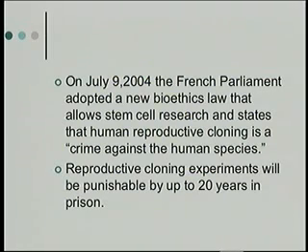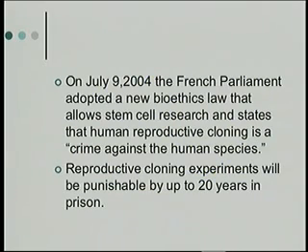And indeed, very recent decisions throughout the world take this position. Three weeks ago, the French Parliament adopted a new bioethics law that allows stem cell research, a very important kind of research, and stated that human reproductive cloning is a crime against the human species.